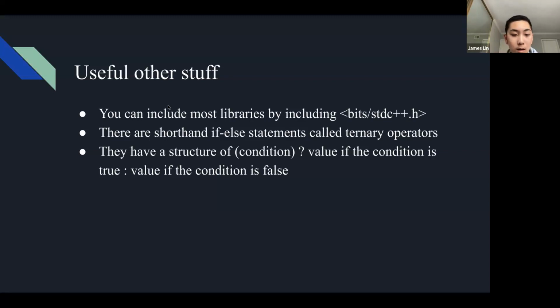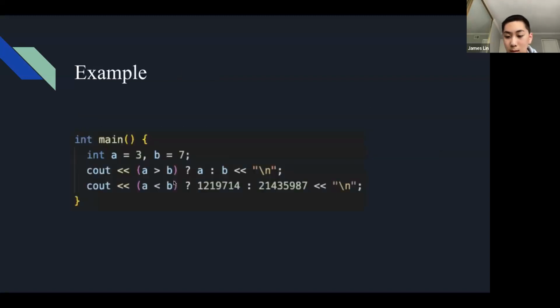And there are shorthand if-else statements called ternary operators, and they have a structure of a condition, and then if the condition is true, the value that you want it to be, or else it's the other one. So here's an example of this.